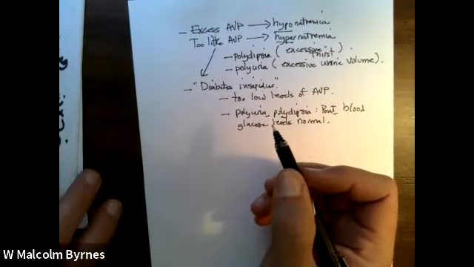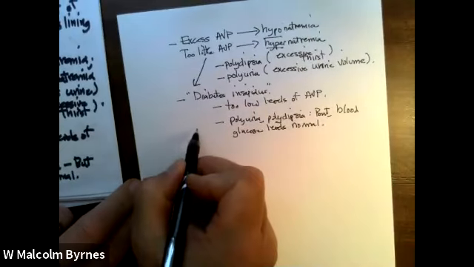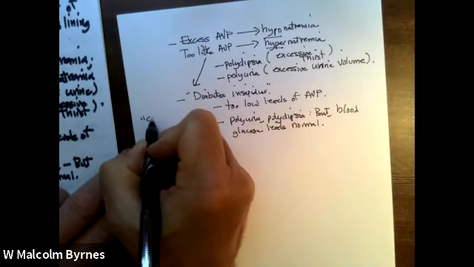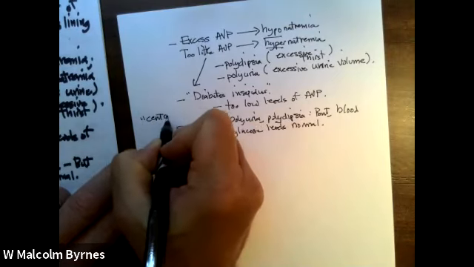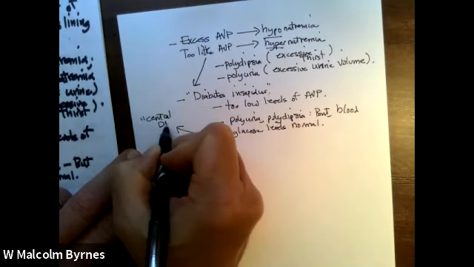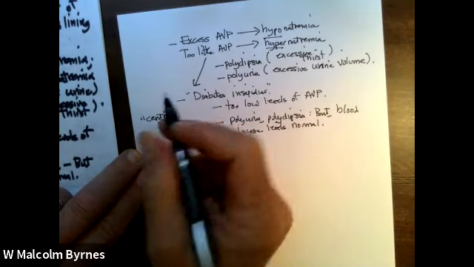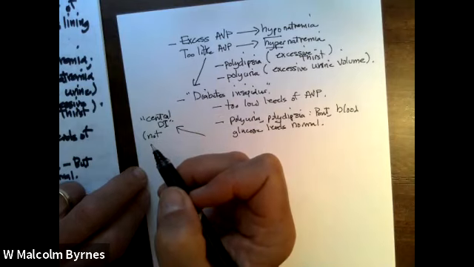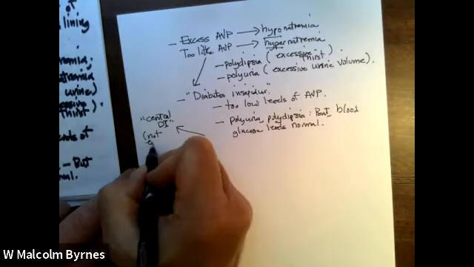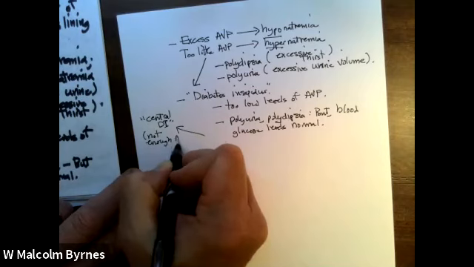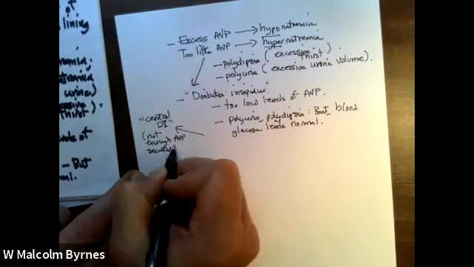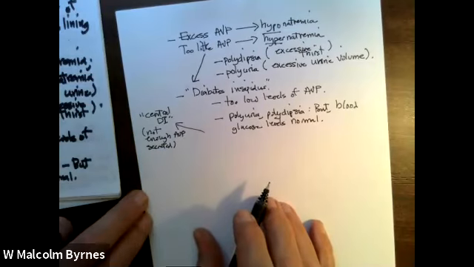Now there are different kinds of diabetes insipidus. One is called central diabetes insipidus, and this means that there's not enough AVP secreted by the hypothalamus.